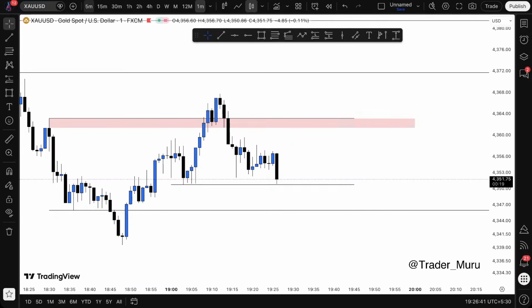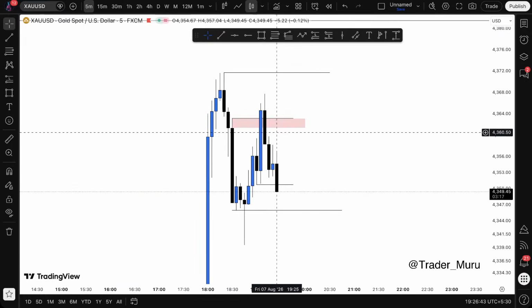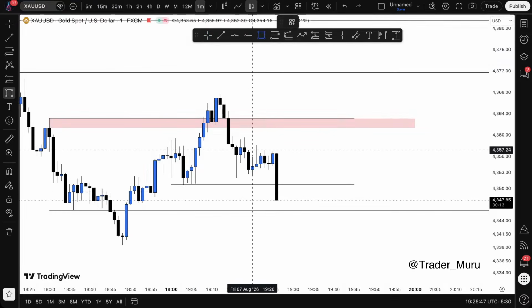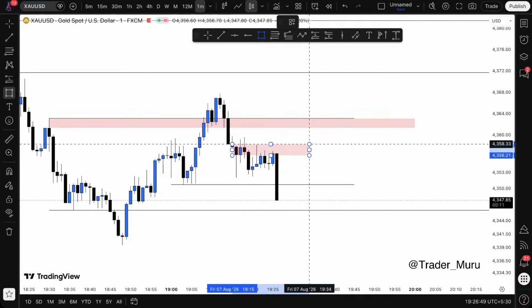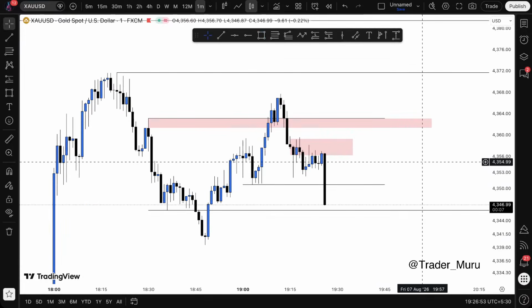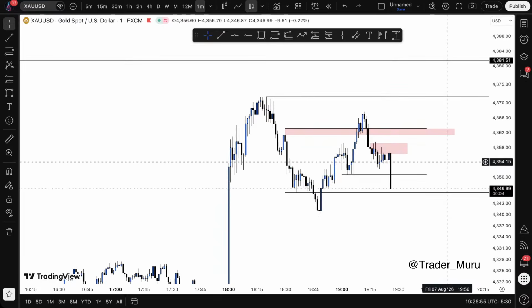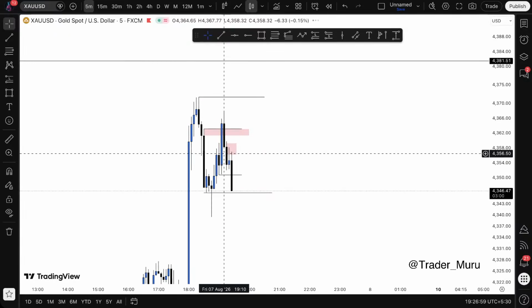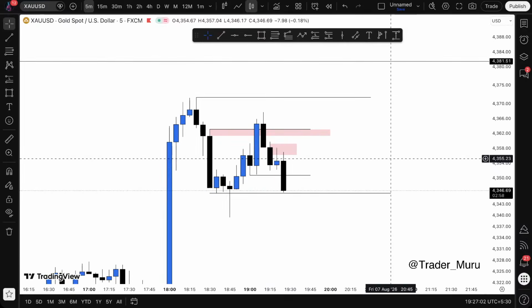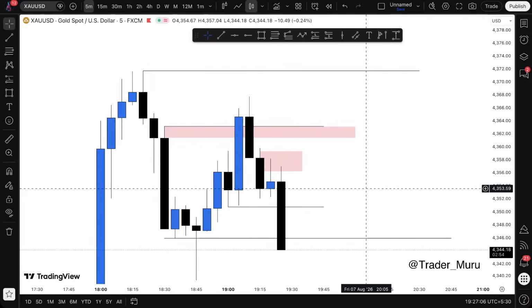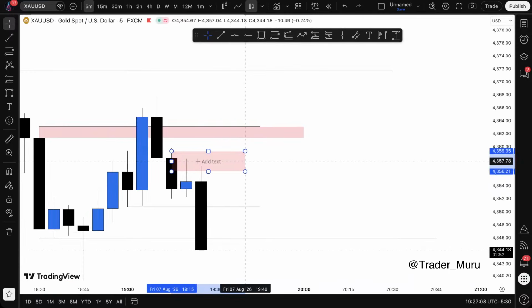But it is 1 minute, so high risk, and it is already playing out right now. See, from this area, it is already dropping. Finally, we are getting some bearish momentum. Okay, good.